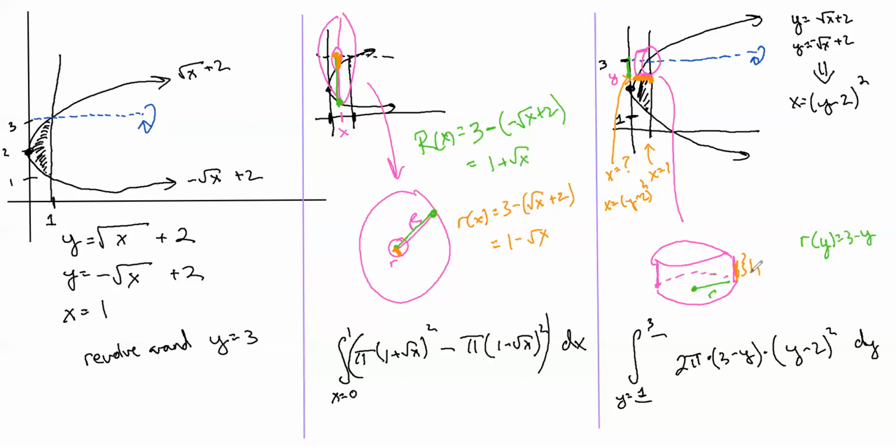The height function, so this is this orange, which I'm now tracing over in red. The height function was this distance. And so it should be the distance from x equals 1 to x equals (y minus 2) squared. So that means that it shouldn't be this. And let me actually erase that. What it should be, the height should be 1 minus (y minus 2) squared.